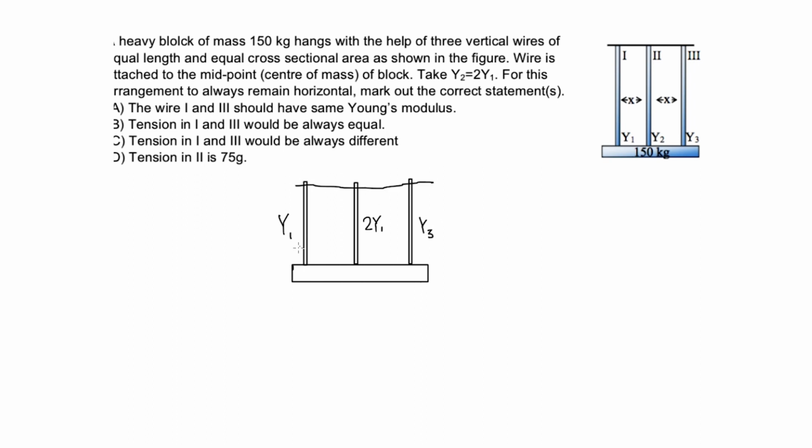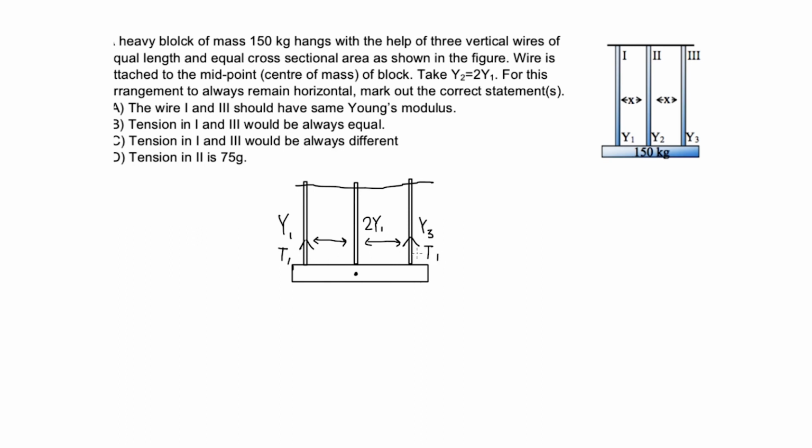Now, as it always remains horizontal and these distances are the same as mentioned in your figure, the torque about the center of mass of this tension and this tension should always be the same. As the distances are the same, the tensions should be the same because the net torque should be 0, otherwise it will rotate. So if the tension in this wire is T1, the tension in this wire will also be T1.